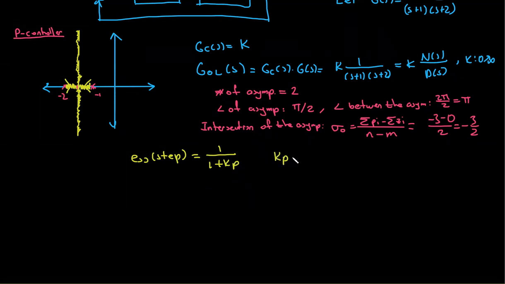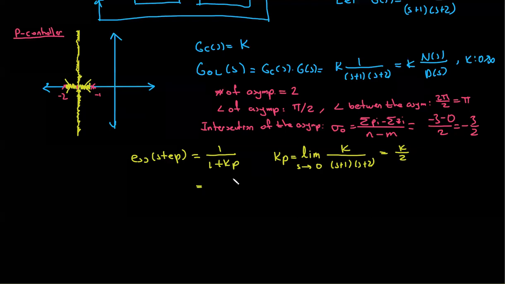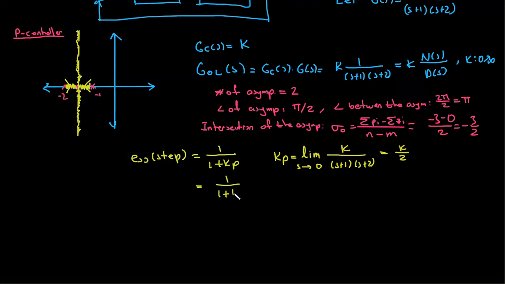And Kp was defined, as you might remember, as the limit as s goes to 0 of the open loop transfer function. What is the open loop transfer function? K over (s plus 1) times (s plus 2), right? As s goes to 0, that is simply equal to K over 2. Then the steady state error is simply equal to 1 over 1 plus K over 2, okay?